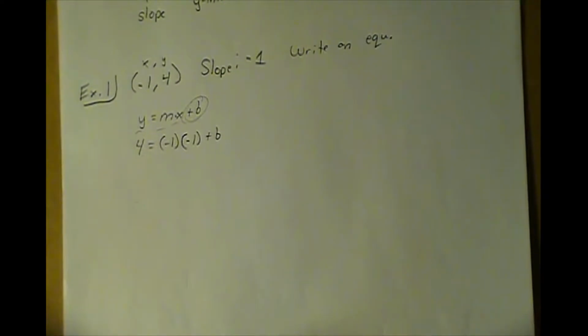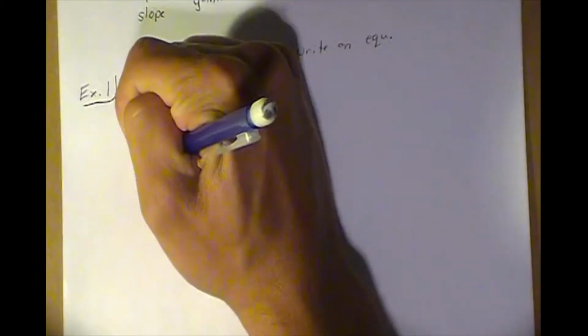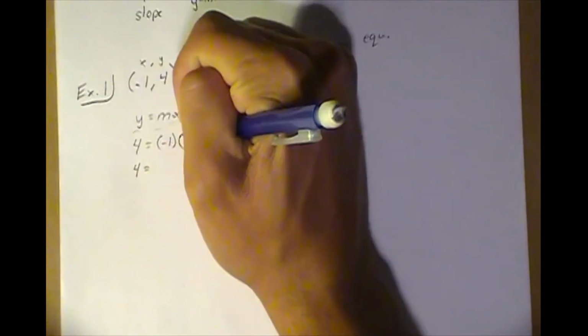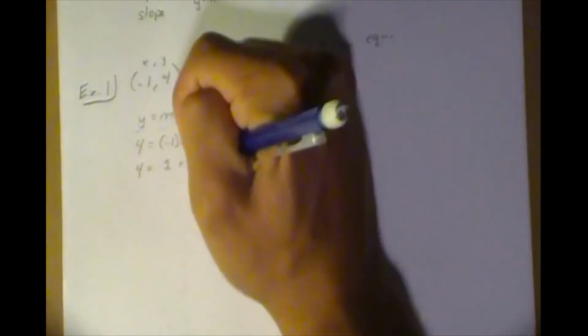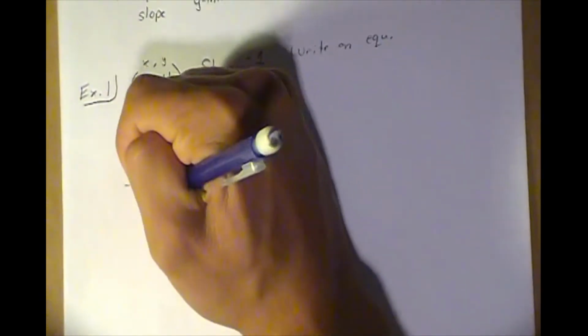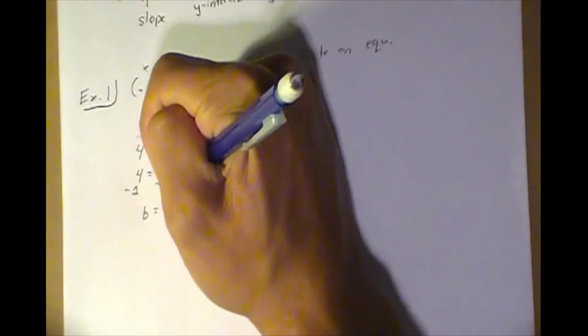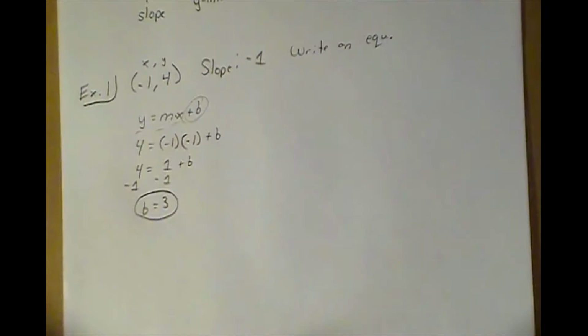Now, if we want to solve for b, or figure out what the y-intercept is, we have to get b by itself. So, 4 is equal to -1 times -1 is +1, plus b. To get b by itself, we just subtract 1 from both sides, and you're left with b is equal to 3. Cool. Now we have our y-intercept.